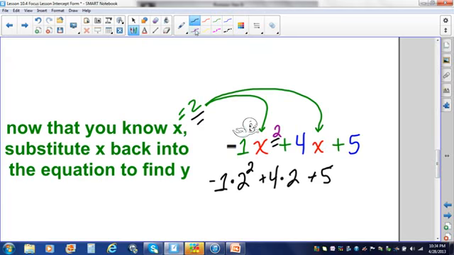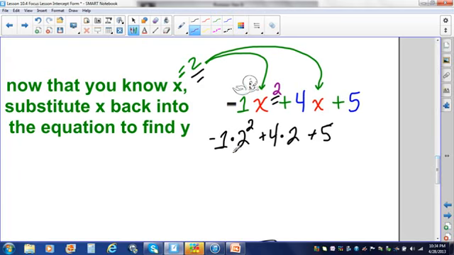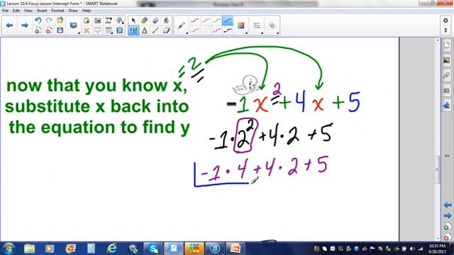Now I do order of operations. Please excuse my dear Aunt Sally. I'm going to do 2 to the second power first. That's going to give me 4. I'm going to rewrite the rest of my problem. Now I'm going to multiply from left to right. When I multiply this, this will give me negative 4. When I multiply this, that will give me 8.